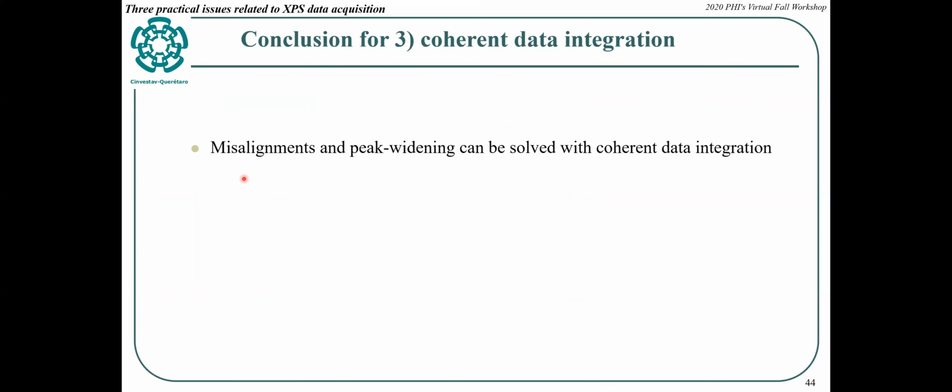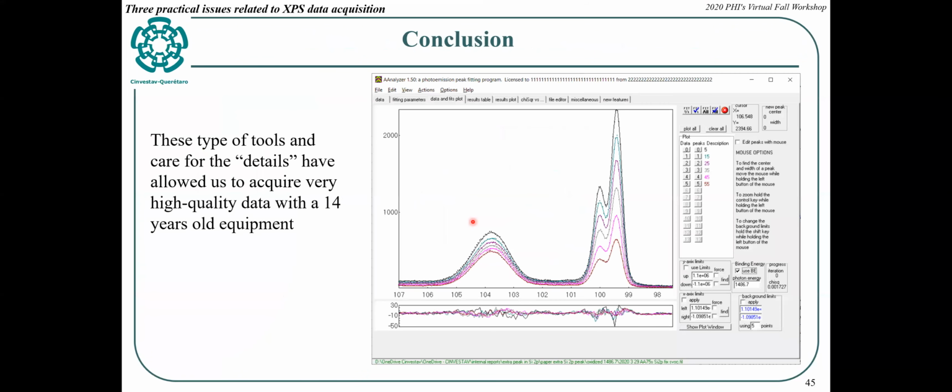The conclusion is that misalignment and peak widening can be solved with coherent data integration. As a general conclusion, if you really take good care of the details, so they are not details, you can get extremely good data, even with very, very old equipment, 14 years old equipment.